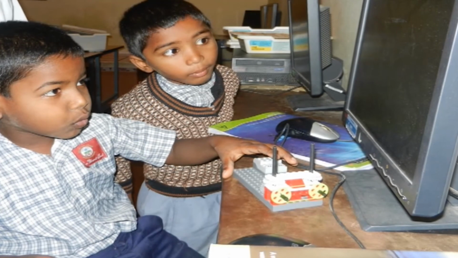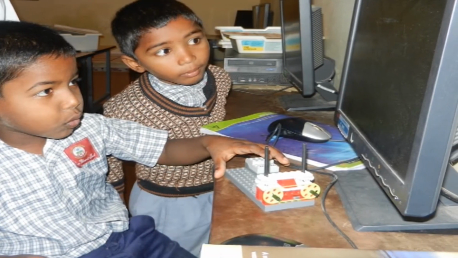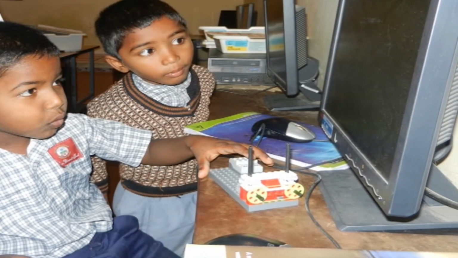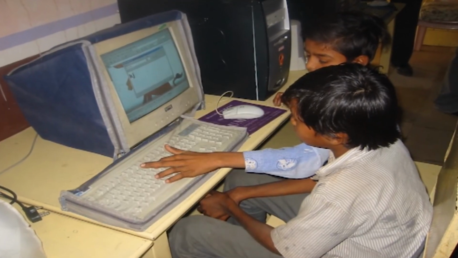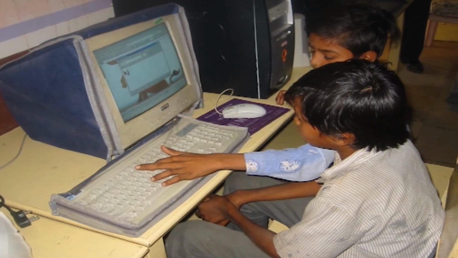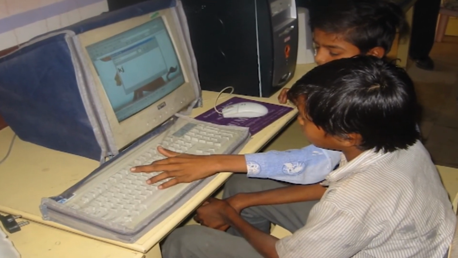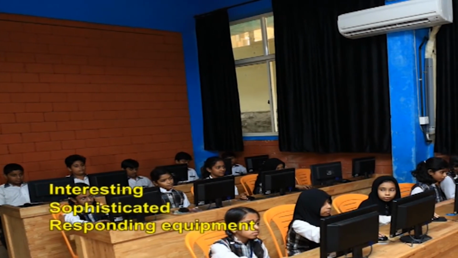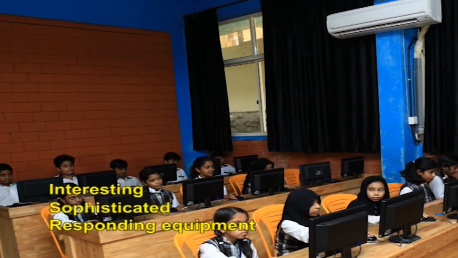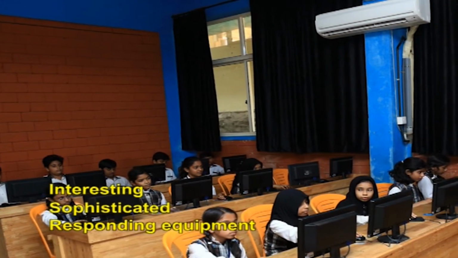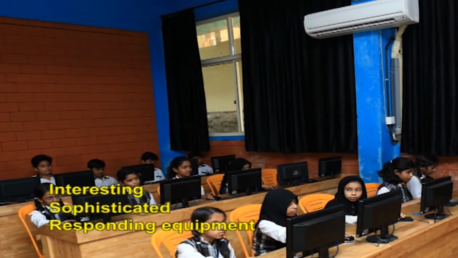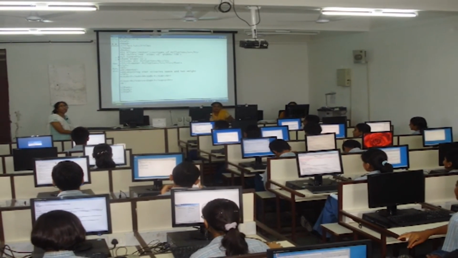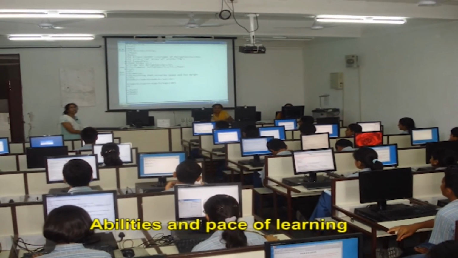They observe displays shown on the monitor or typed on a computer output instead of programmed textbooks or workbooks. Students type information into the computer or respond by pressing the related keys. In addition to manipulating interesting, sophisticated and responsive equipment, the students find that they cannot cheat, as answers appear on the screen only in response to the students' responses. It also permits the students to proceed according to their abilities and pace of learning.